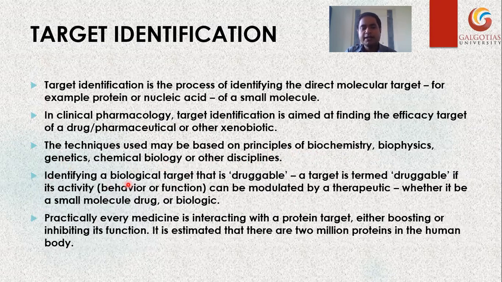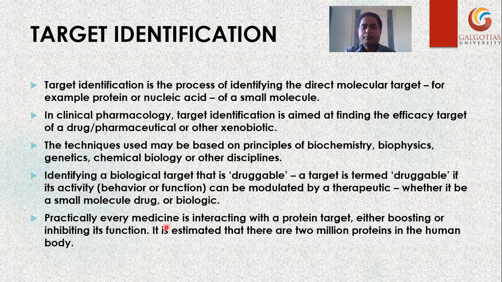So, identifying a biological target that is druggable. A target is termed druggable if its activity, behavior, or function can be modulated by a therapeutic, whether it be a small molecular drug or a biological drug.